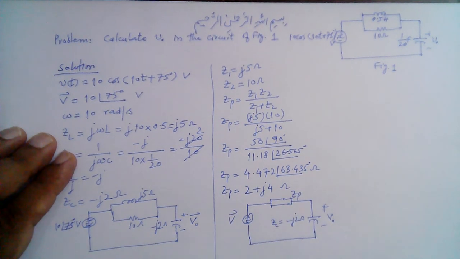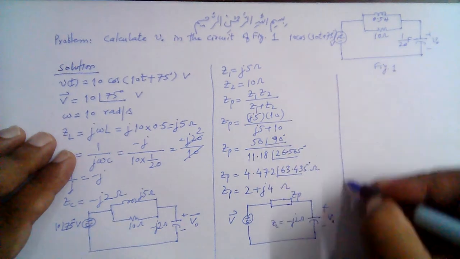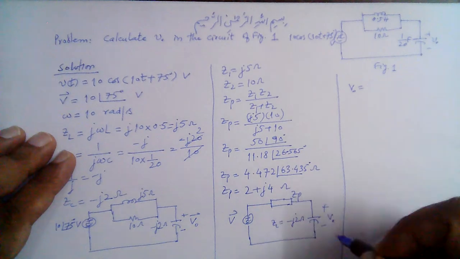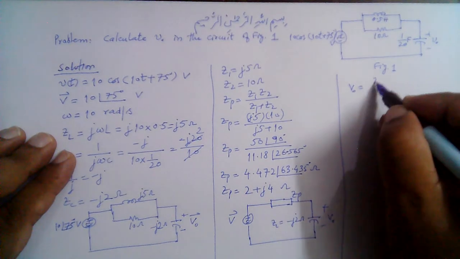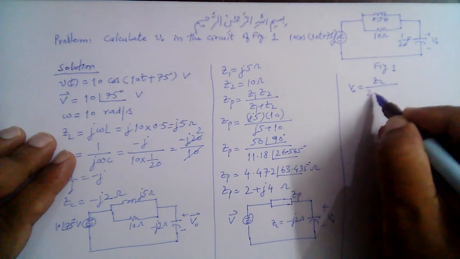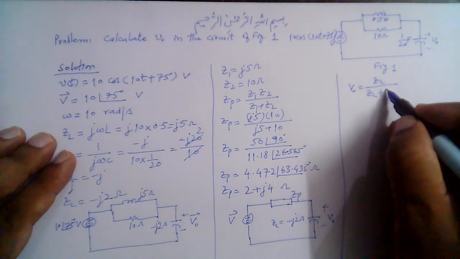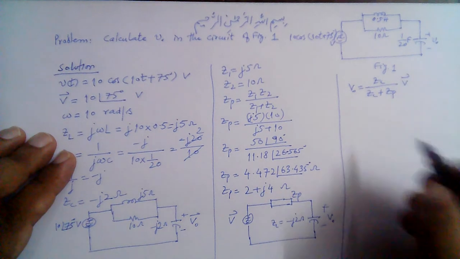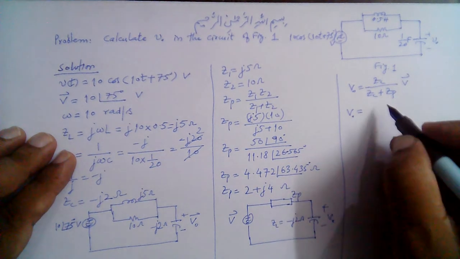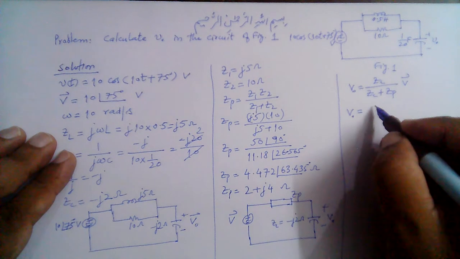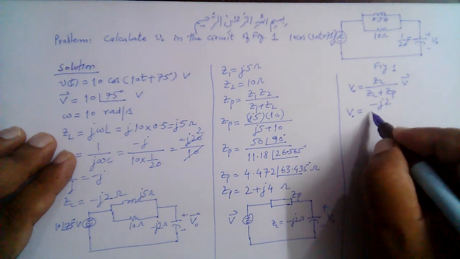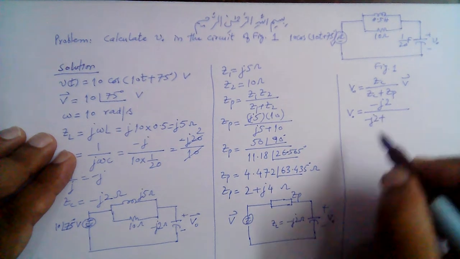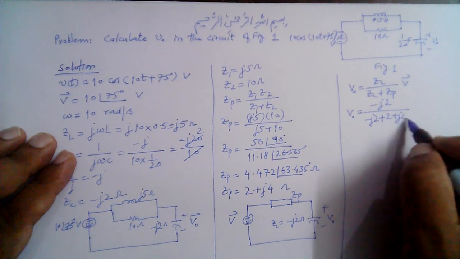So we can now use the voltage divider rule to find this V naught here. So V naught is equal to this ZC divided by ZC plus ZP multiplied by this total voltage V. So V naught is equal to ZC, which is minus J2, divided by minus J2 plus 2 plus J4.